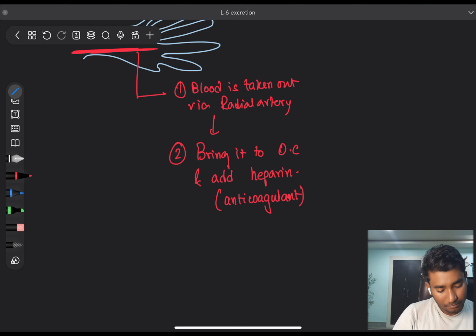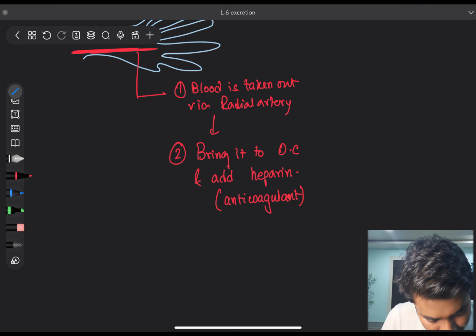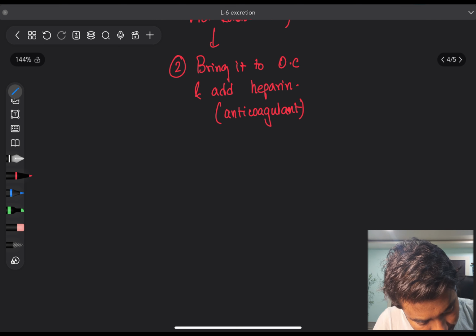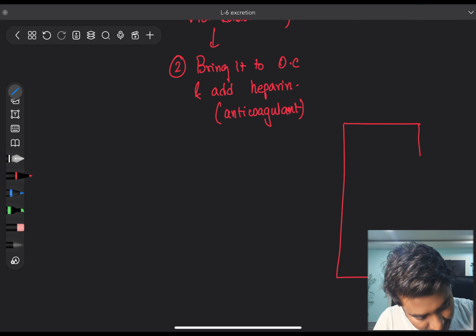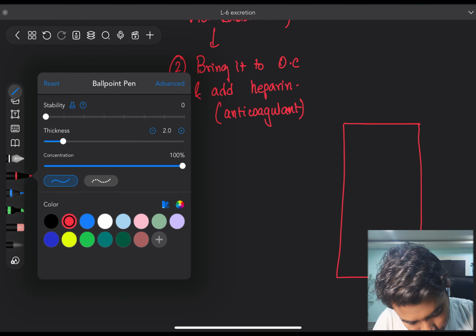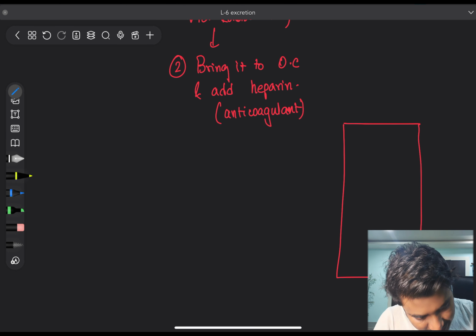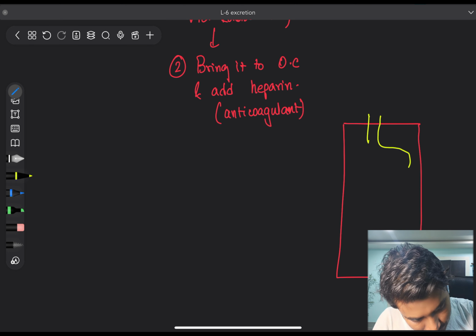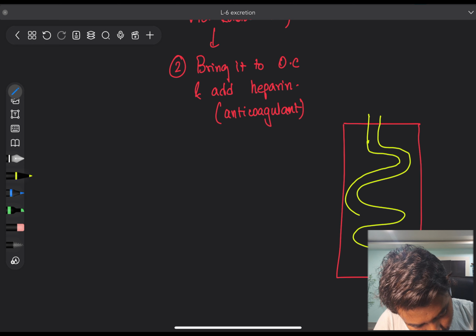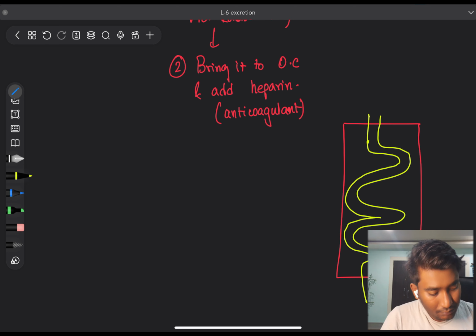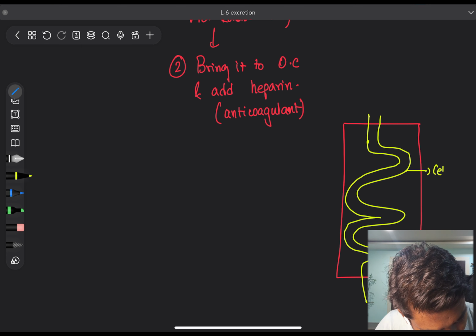In the dialysing machine, let it be a dialysis machine, there is a cellophane tube.